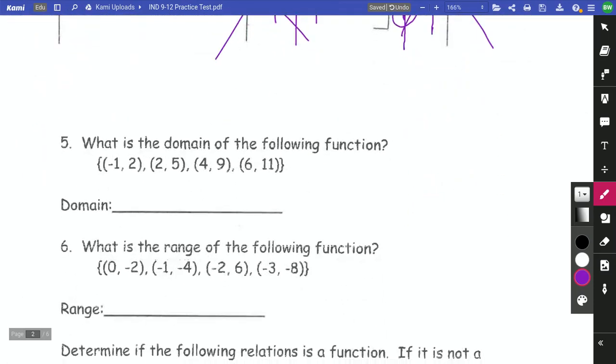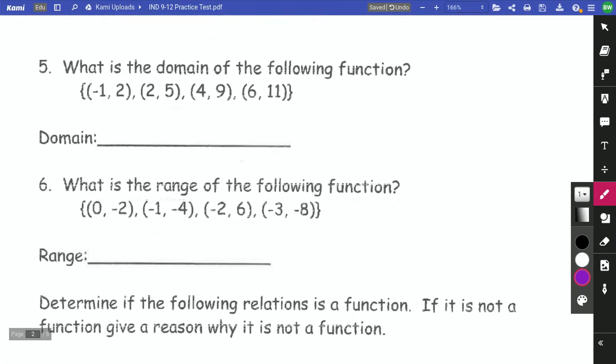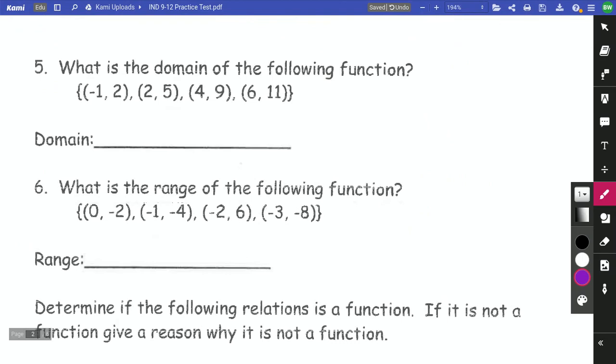Number 5. What is the domain of the following function? Don't get fancy on this. Don't miss this. Do not try to write a compound inequality, -1 less than or equal to x less than or equal to 11. Do not do that.